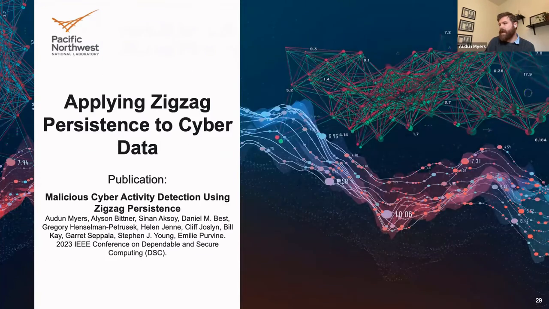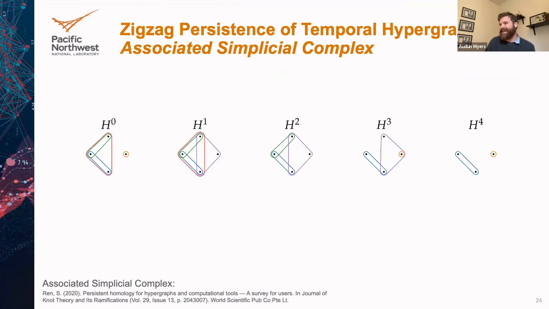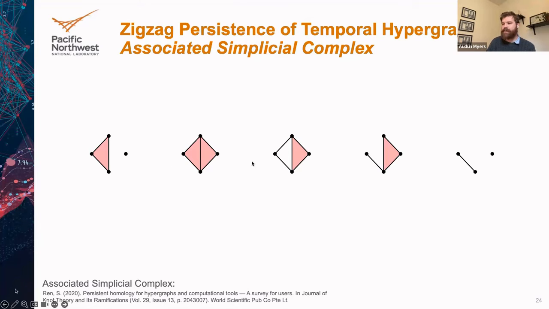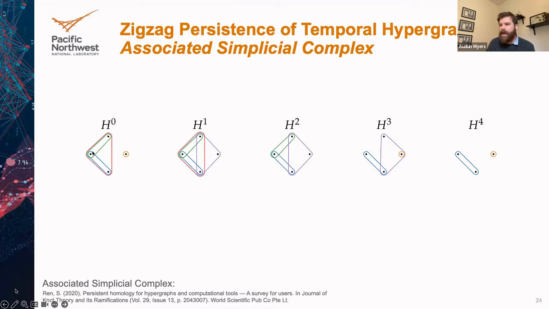So the way I was doing that was, almost there. So here are some example hypergraphs, and I jumped to an abstract simplicial complex by taking what's called the associated simplicial complex. So for example, here I have two edges and one 3-edge. The 3-edge would break down to the face and all 3 edges and all 3 nodes there to get the abstract simplicial complex on this left side.